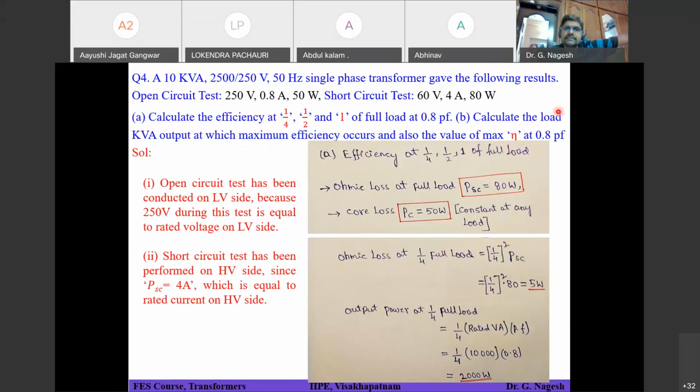The second part of the question is to calculate the load kVA output at which maximum efficiency occurs and also the value of maximum efficiency at 0.8 power factor. So they are asking us to calculate the kVA output at which maximum efficiency occurs. How to find that?